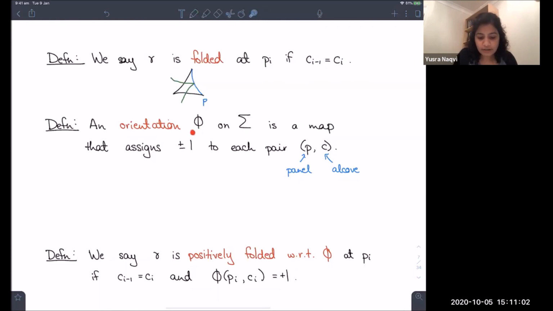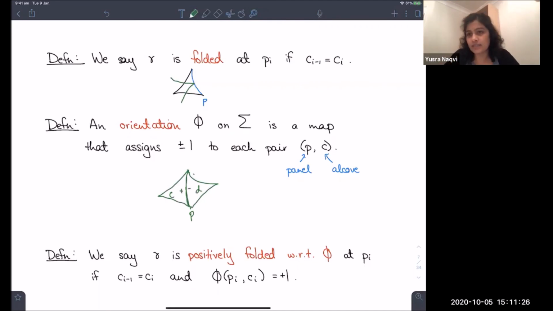So an orientation phi is a map that assigns plus or minus 1 to each panel and alcove pair. So if I have a panel P over here and an alcove C, then this side I could give a +1. If I have the same panel, but another alcove, this is really a different pair, and then I could give it a different value.